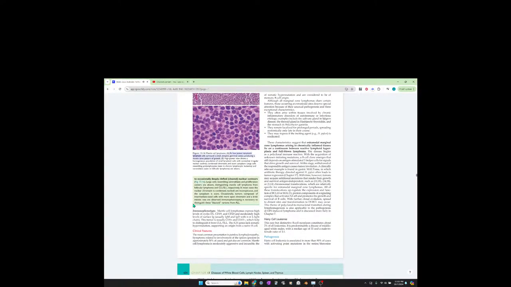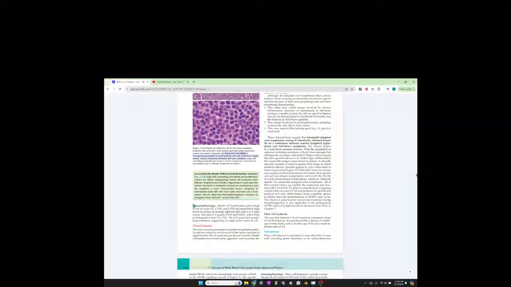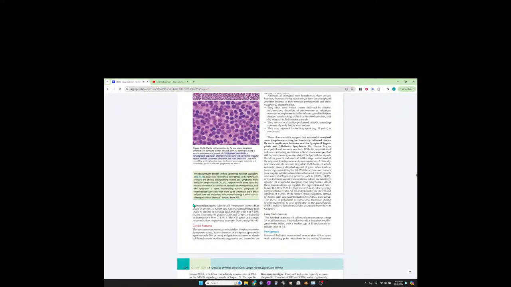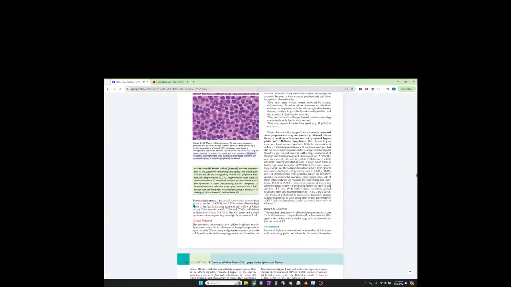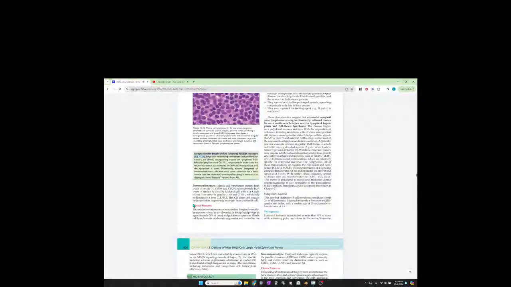At low power, neoplastic lymphoid cells surround a small atrophic germinal center, producing a mantle zone pattern of growth. High power view shows a homogeneous population of small lymphoid cells with somewhat irregular nuclear outlines, condensed chromatin, and scant cytoplasm. Large cells resembling prolymphocytes and centroblasts are absent.